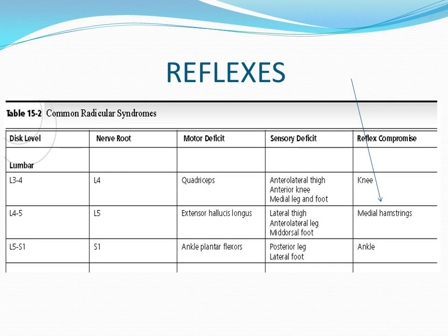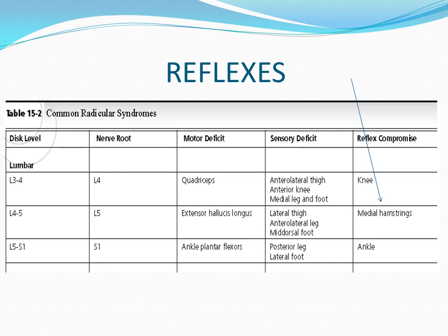Now, 99.9% of doctors will answer that they test the patellar reflex to assess for the integrity of the L4 nerve root, and 99.9% of doctors will tell you that they test the ankle jerk reflex to test the integrity of the S1 nerve root.